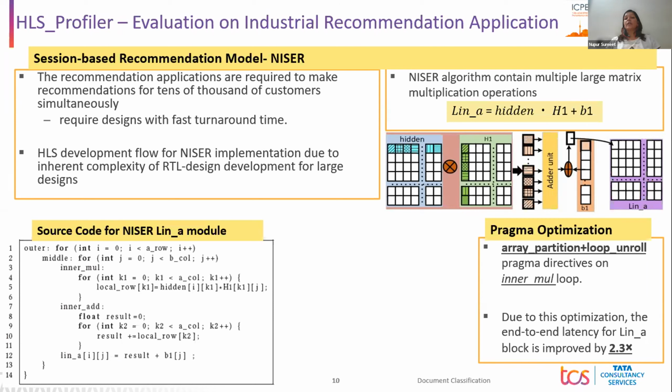The NICER algorithm contains many large matrix multiplication operations of the form of the lin_a equation shown here. The source code of NICER contains 3 nested for loops with inner_mul and inner_add loops at nesting level 3. The inner_mul generates the product terms in matrix multiplication that are accumulated in the inner_add loop.